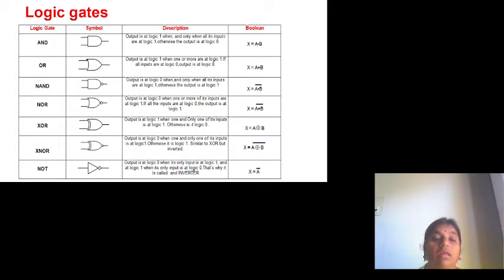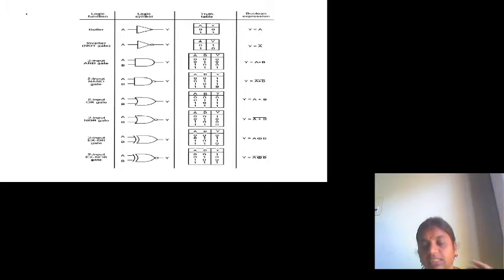Now consider this chart of logic gates, with the symbol for each logic gate and the description of the gate with its input and output relation, and the relation between output and input represented by a Boolean expression.